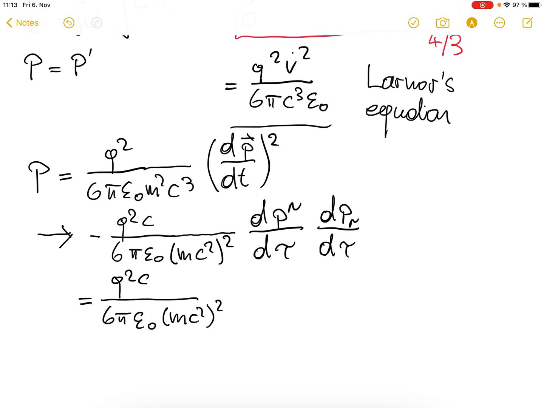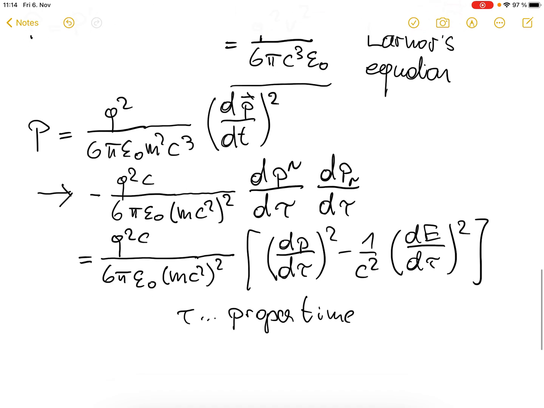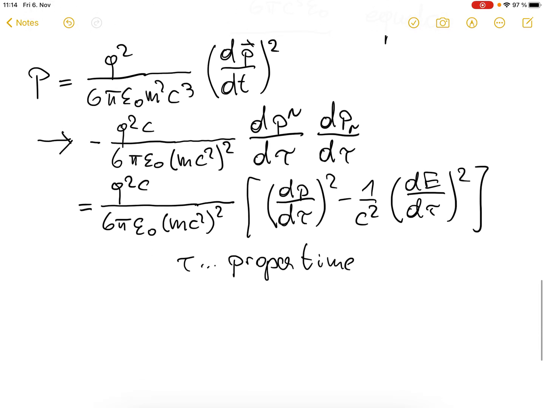We can expand this back into components, and there's always the same prefactor, m c squared squared, times dp with respect to the proper time d tau, minus 1 over c squared, dE with respect to d tau, squared. So tau here is the proper time. It's important that we know how to transform the differential, and this is just dt equals gamma d tau.